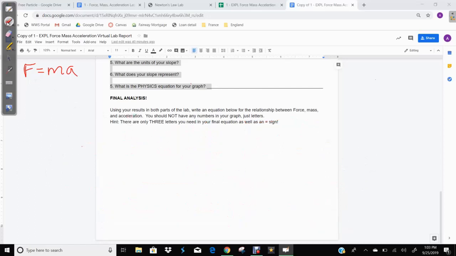Okay, and now for the final analysis, it says, using the results in both parts of the lab, write an equation below for the relationship between force, mass, and acceleration. So we've already been talking about this. You've already seen it.